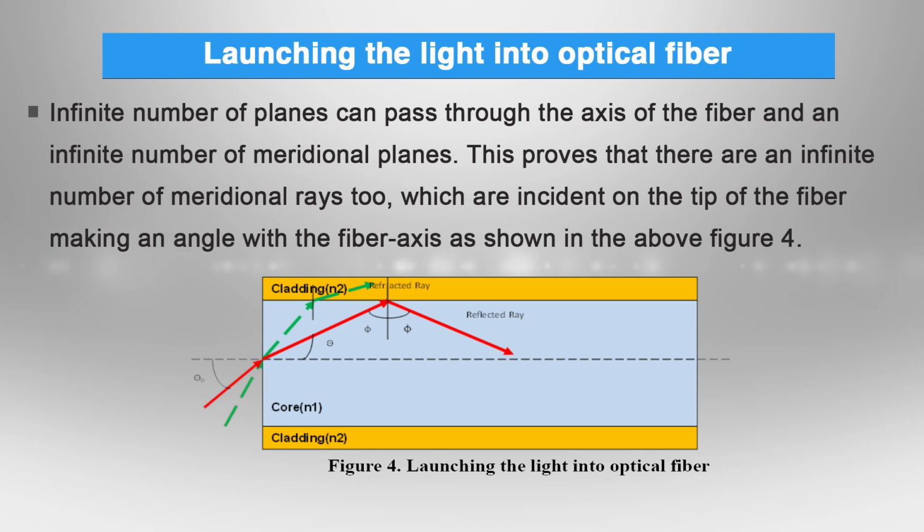This proves that there are an infinite number of rays too, which are incident on the tip of the fiber, making an angle with the fiber axis as shown in the figure.